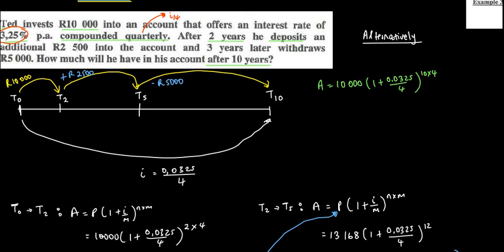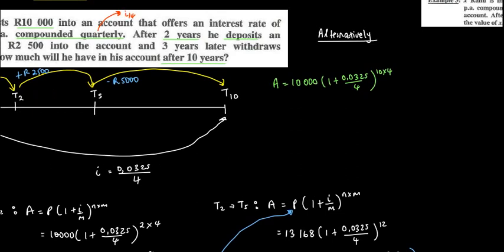Right, perfect. Then they added 2,500, so you just write it like it is. That's the nice thing about this one. You're just going to write yourself 2,500, right? Then you're going to say it's also going to stay in the bank and earn the very same interest, right?